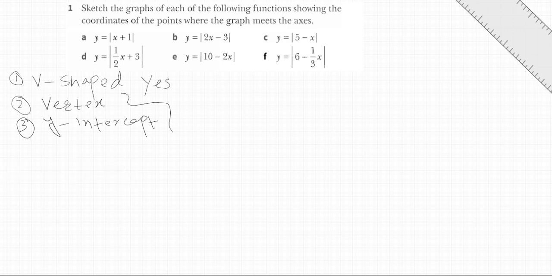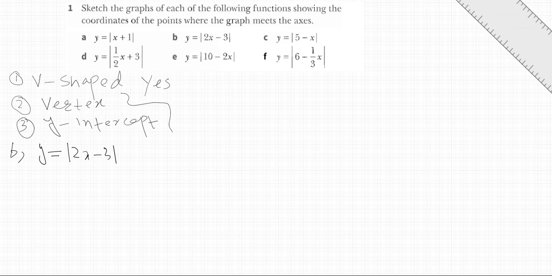What is the second part? B. y is equal to the absolute value of 2x minus 3, and we have to draw the graph of this.